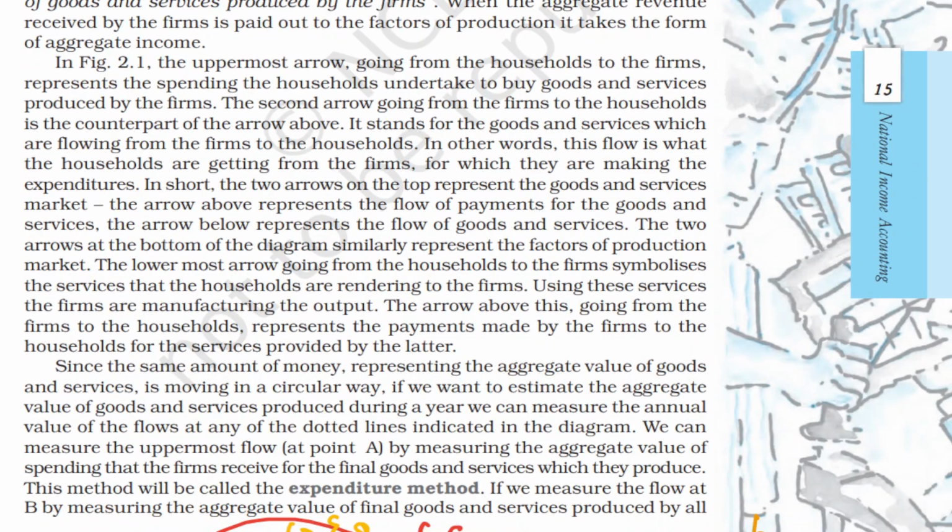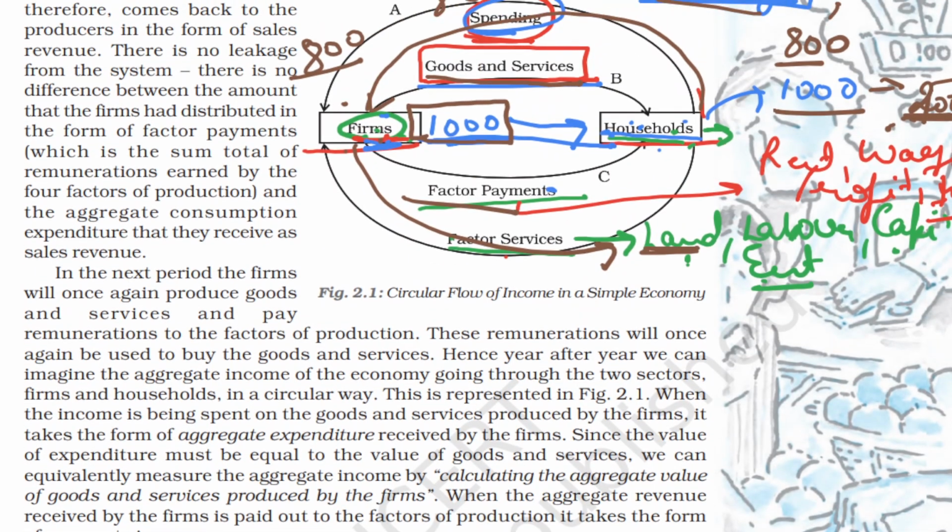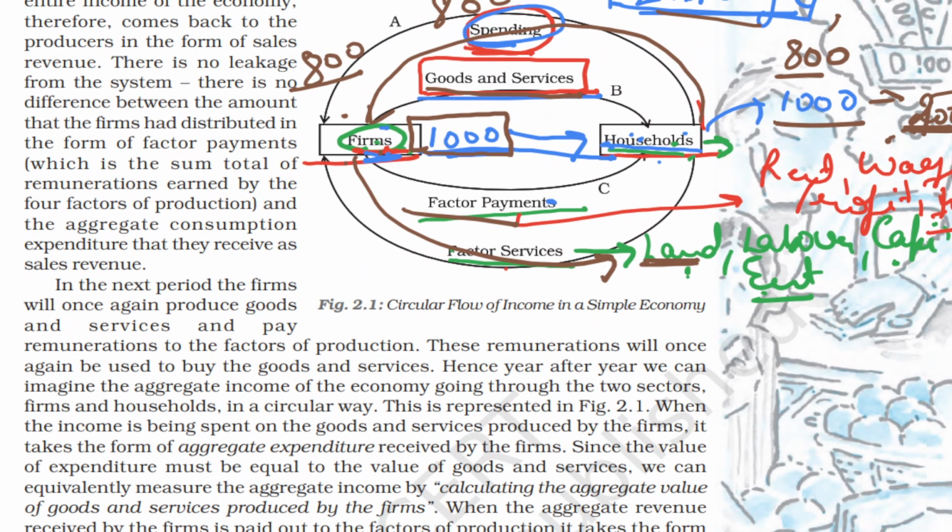Okay, let's move forward. Now, according to this particular figure, you might have understood that if there are no leakages and injections in an economy, then someone's income and someone's expenditure both should be the same, right? Your income is someone else's expenditure, and someone else's expenditure is your income, right?